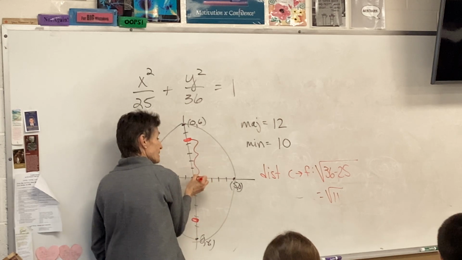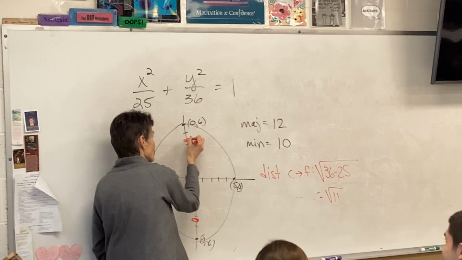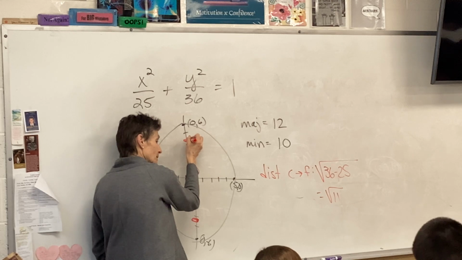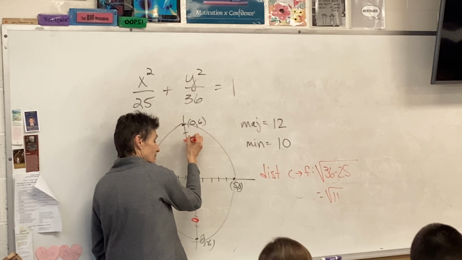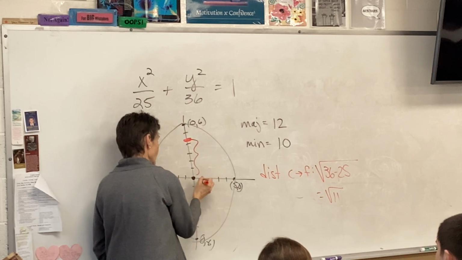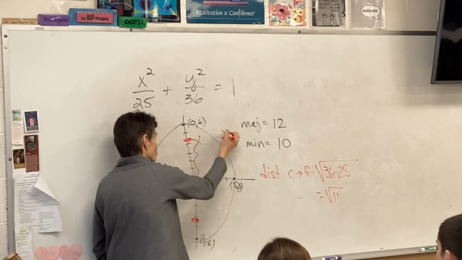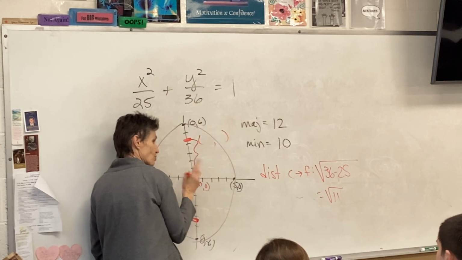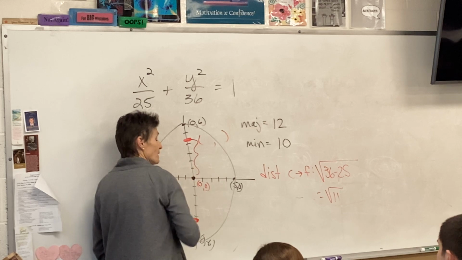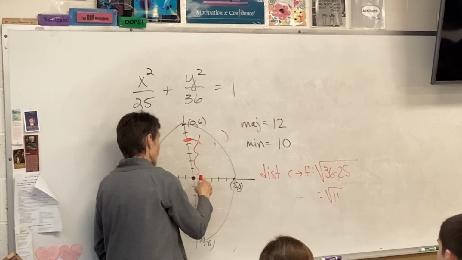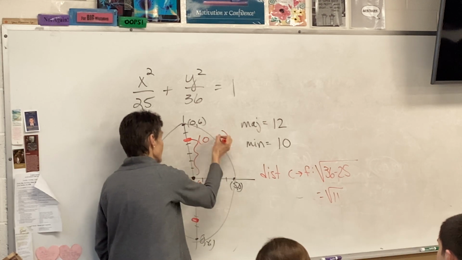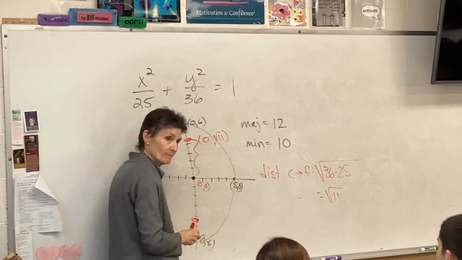So we're going to start at the center and go straight up the square root of 11. So this is 0, 0. I'm going to go straight up, and if I'm going straight up, which coordinate is changing? So it's going to be 0, comma, square root of 11.